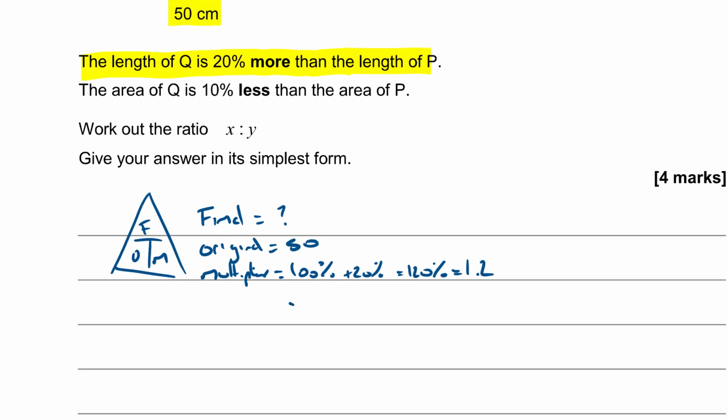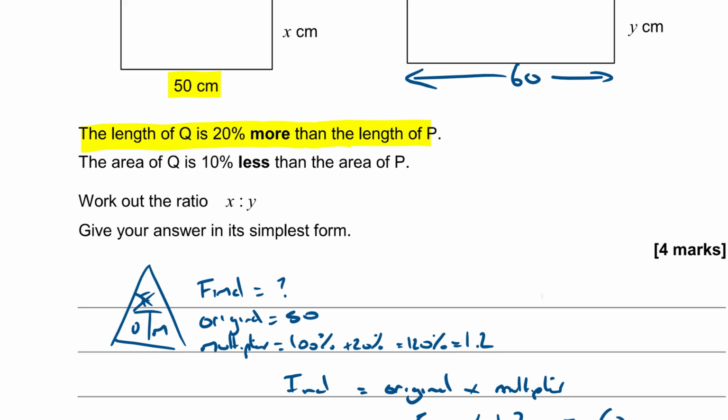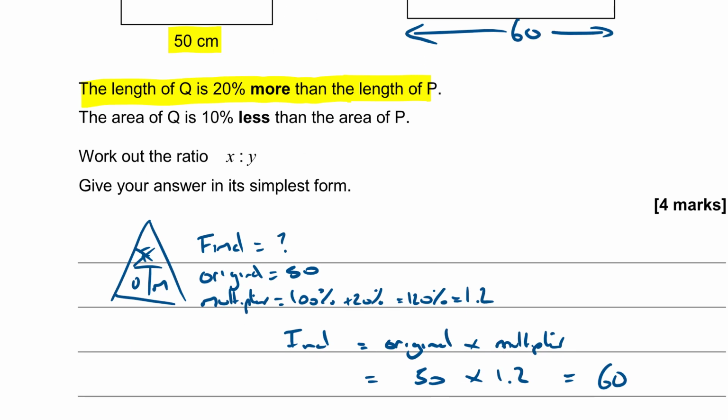So my final is going to be original times multiplier, O times M, which is 50 times 1.2, that's 60, isn't it? So that tells me that Q must have a length of 60. One step closer to the answer.